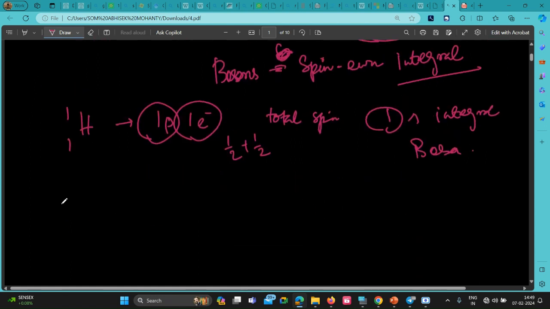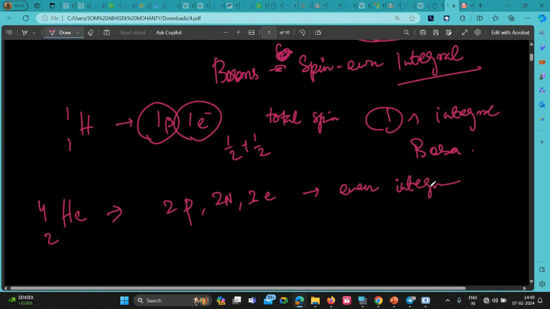Helium 2 4. Two protons, also two neutrons, and two electrons also. So this one will also be integral, because this is 2 by 2, 2 by 2, 2 by 2.